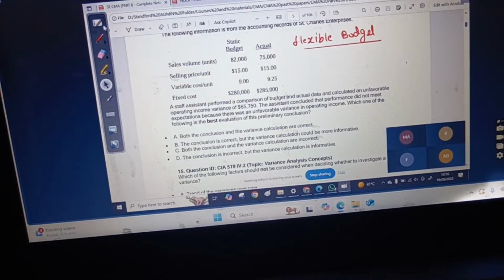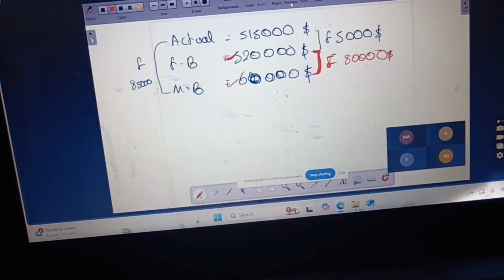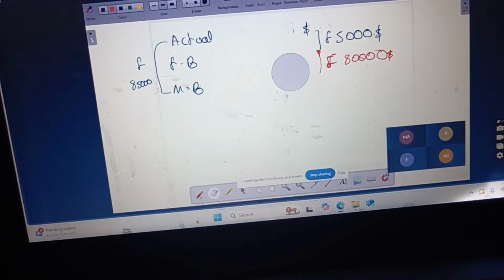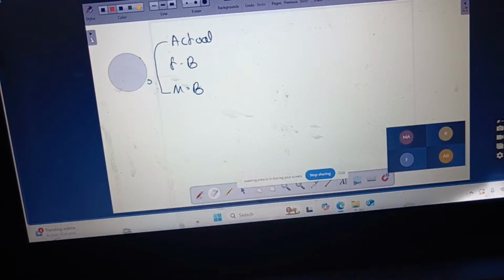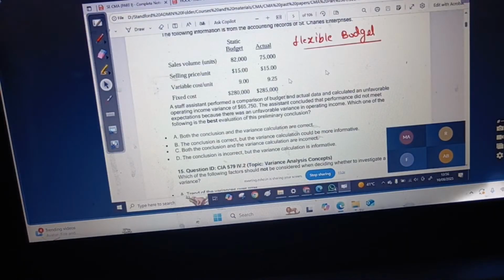I want this data to be filled. This we have taken up for cost. Now I want the data for operating income. Same question. It's already given, I just have to do that.